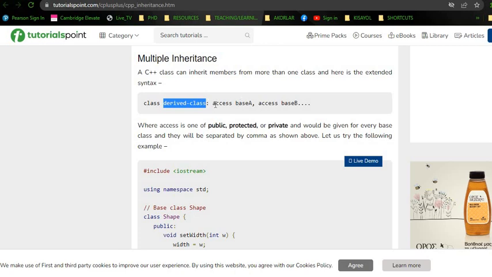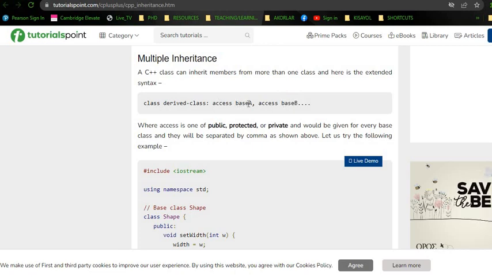So the access modifier, I mean public, private, or protected, which I said public is the best for this time, then base A, and again access modifier base B, and it can be more.